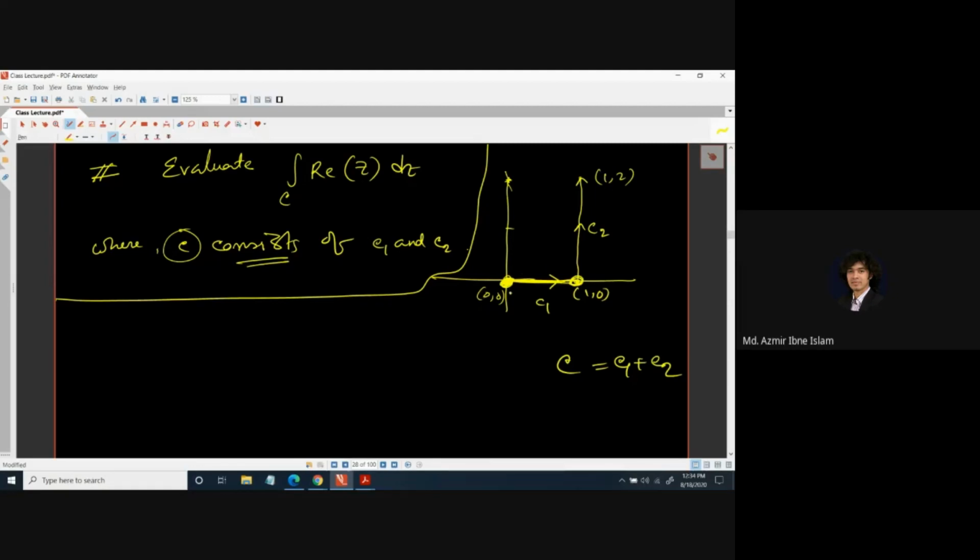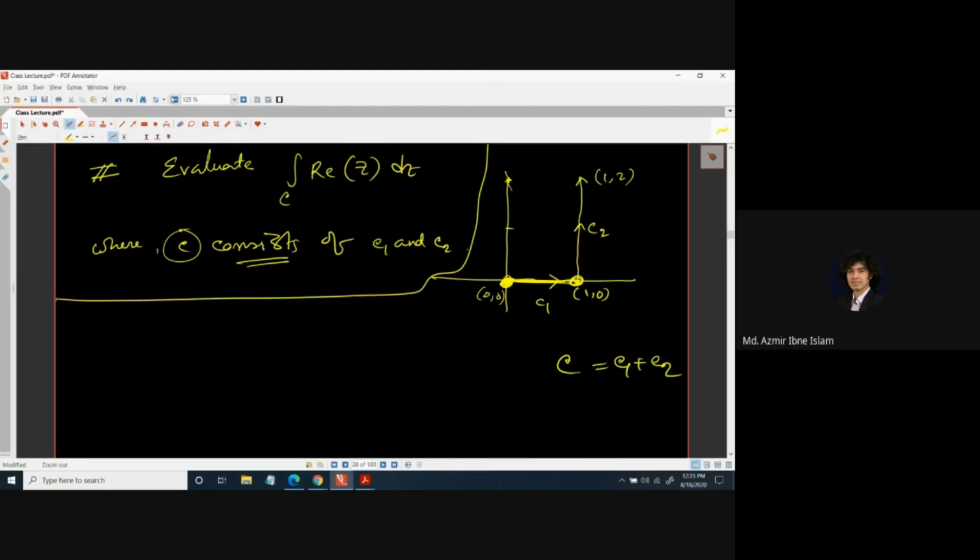Based on this figure, you can see that C1 is a straight line. C2 is another straight line. Or C2 may be a parabola. No problem. But the concept is same as before. But I would like to highlight that some information you have to gather from your figures to evaluate the integral. So that's why I have come up with this problem.